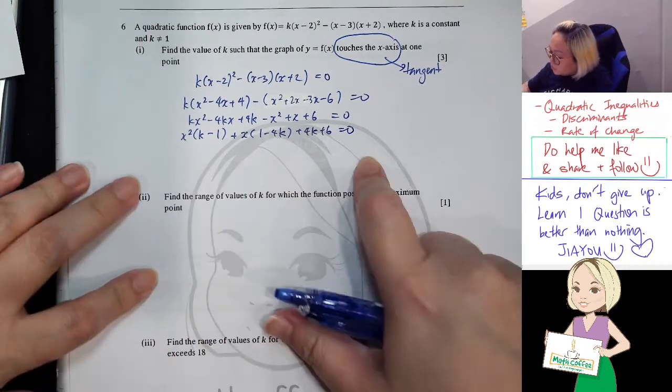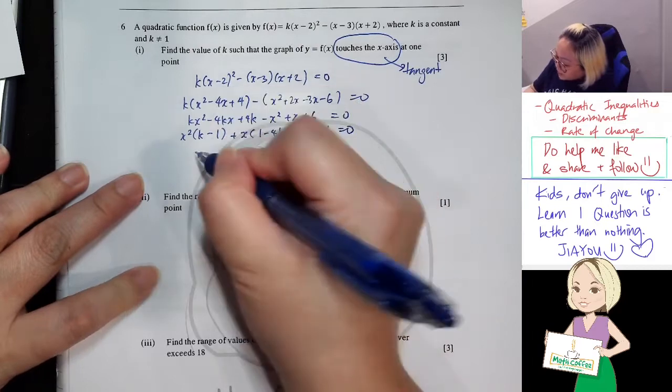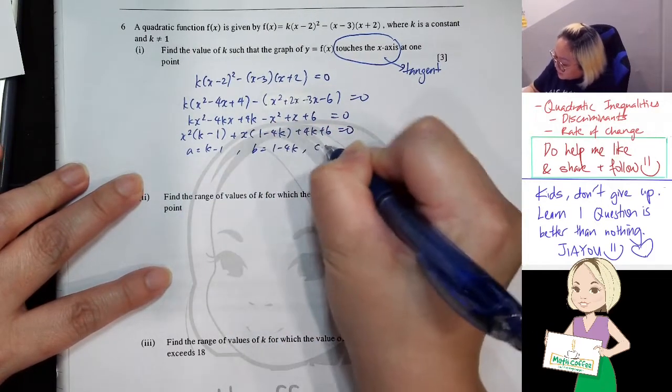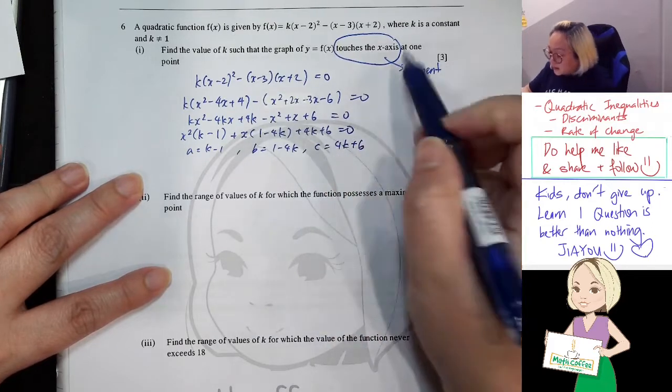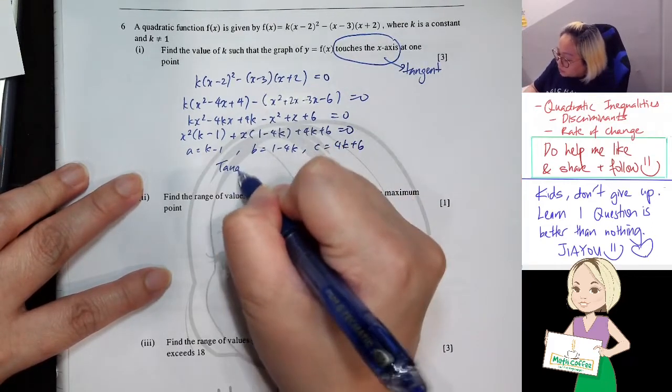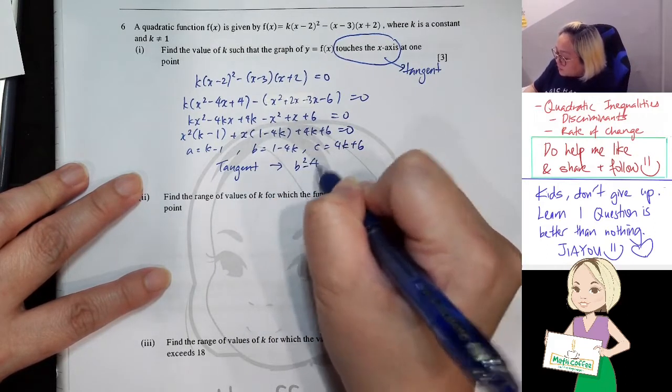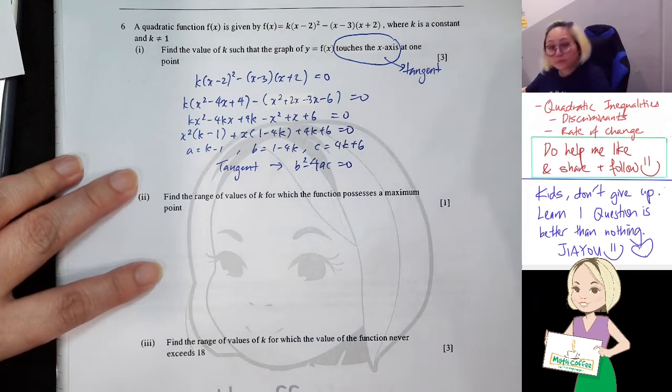So now my A is k minus 1, my B is 1 minus 4k, my C is 4k plus 6. Tangent. Because you tell me it's a tangent, my discriminant is equals to 0.